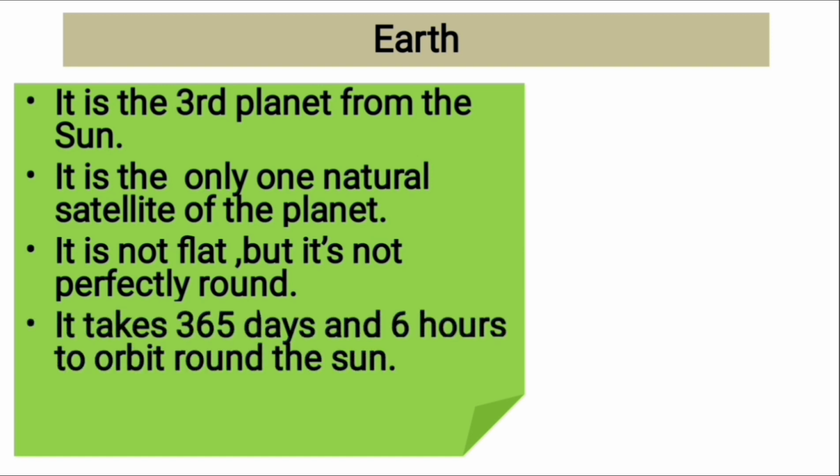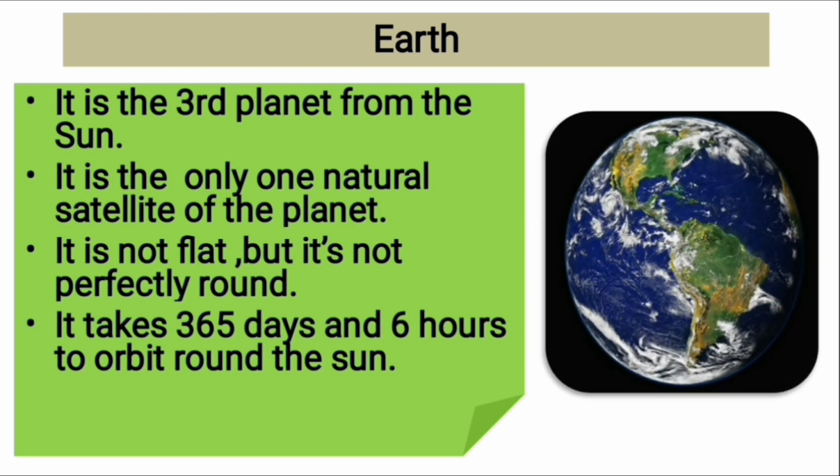It takes 365 days and 6 hours to orbit round the Sun. In this picture, we can see the Earth. It has a powerful magnetic field and it has gravity also. Okay, my dear.